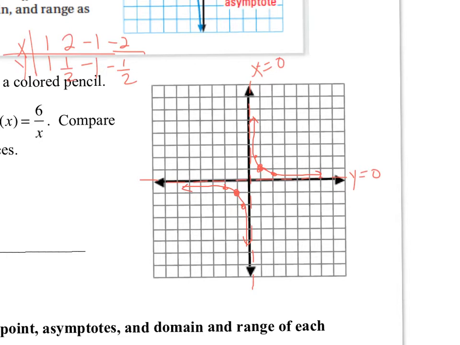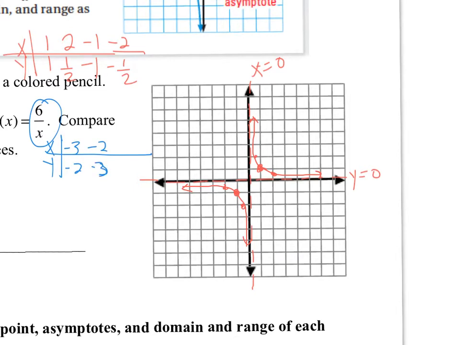And then the second one was 6 divided by x, so I'm going to change colors here. So I'm looking at this one. Just choosing some x values. If I choose negative 3, 6 divided by negative 3 is negative 2. If I choose negative 2 for my x value, I'll have negative 3 as my output.